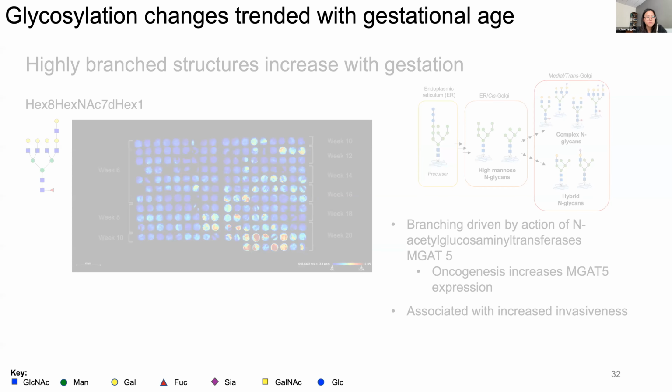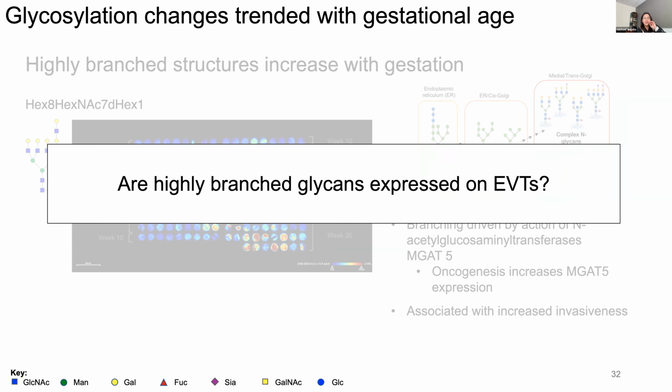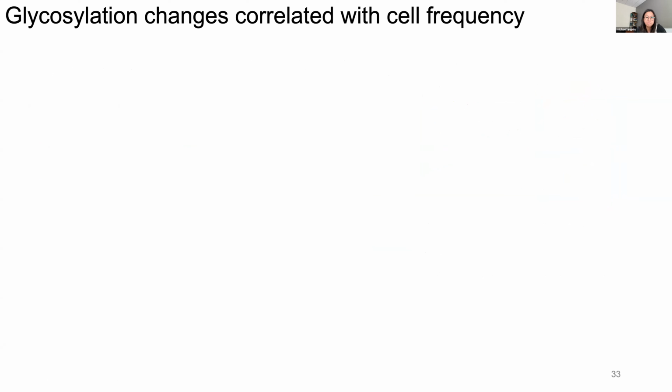And then Mike has also talked a lot about the placenta's extravillous trophoblasts, which are fetal cells that are known to perform functions related to invasion. Now we ask the question whether these highly branched glycans could be expressed on these extravillous trophoblasts.